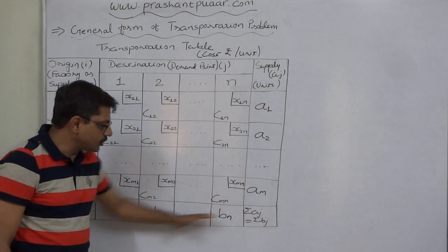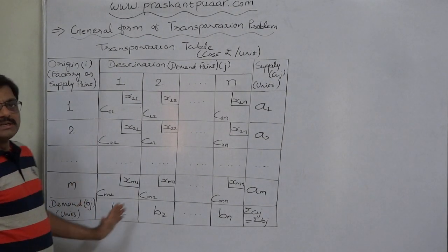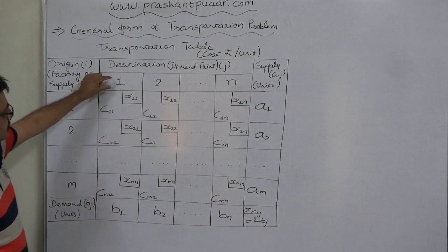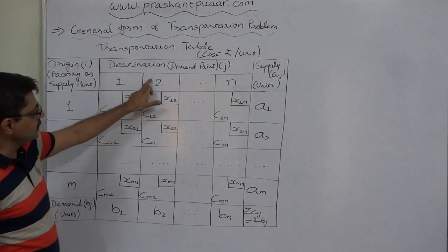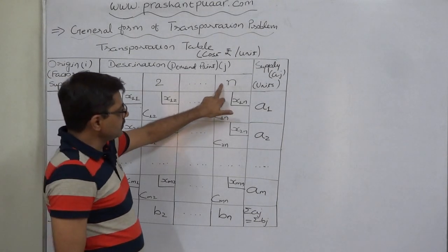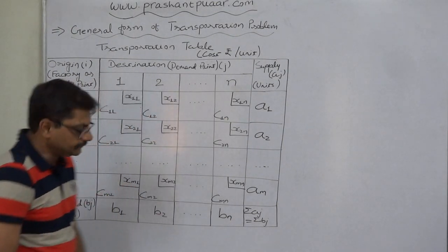Similarly, in the last row, there are statistics about the demand of each and every demand point or destination. For destination 1, the demand will be B1 units. For destination 2, the demand will be B2 units, and so on. For destination n, the demand will be Bn units.